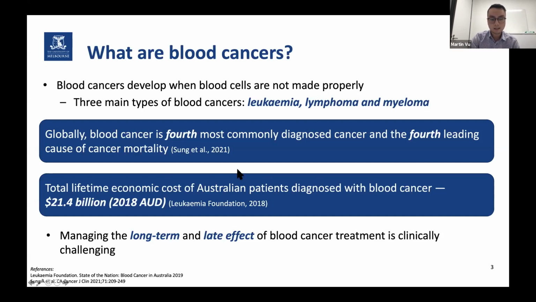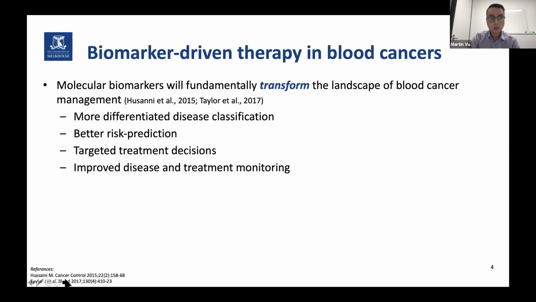Clinically, blood cancer is challenging, particularly the managing of the long-term and late effects of blood cancer treatment. So what do we mean by molecular biomarkers? Molecular biomarkers refer to changes in the blood cancer biology that can inform clinical decision-making. These molecular biomarkers are very well suited to fundamentally transform the landscape of blood cancer management.